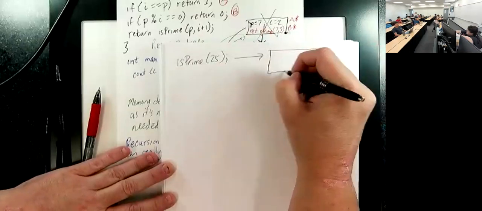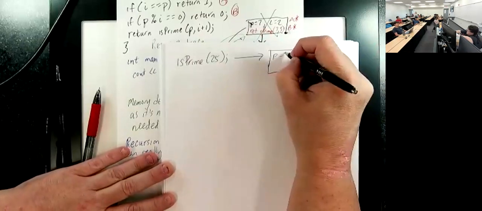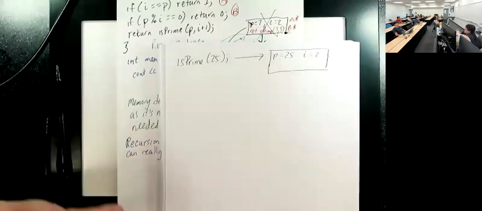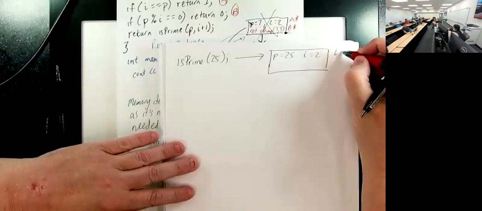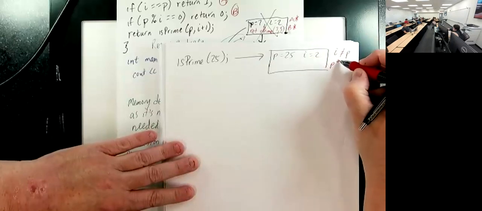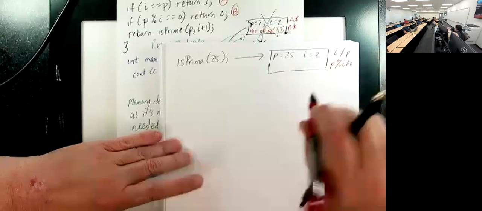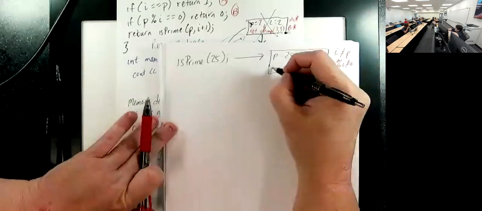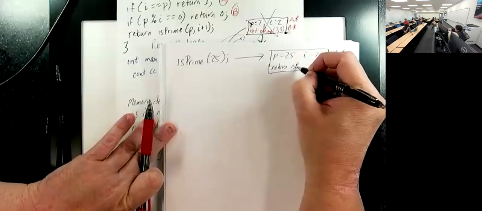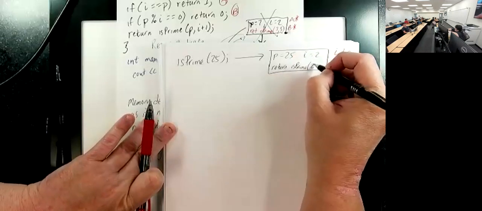It sends p equals 25, i equals 2. Of course, i does not equal p, and p mod i does not equal 0. So it's going to return is prime 25 and 3.